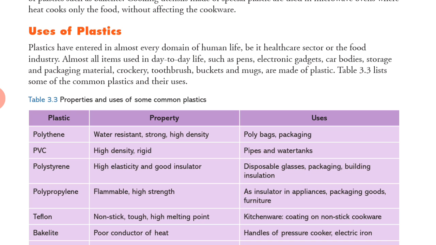Polythene: water resistant, strong, high density, used in making polybags and packaging. PVC, polyvinyl chloride: high density and rigid, used in pipes and water tanks. Polystyrene: high elasticity and good insulator, used in disposable glasses, packaging, building insulation.